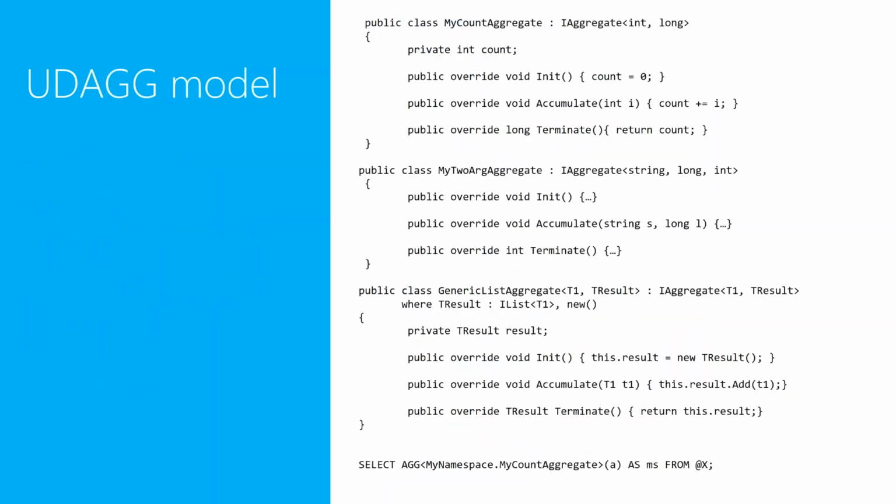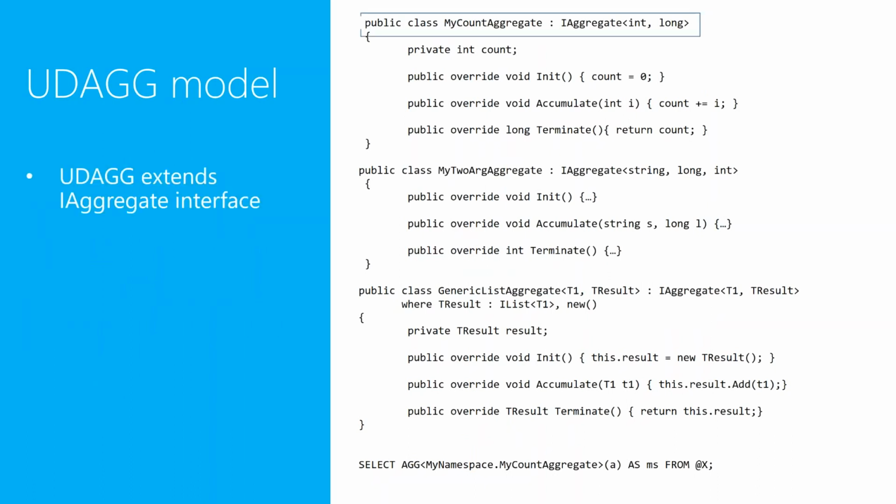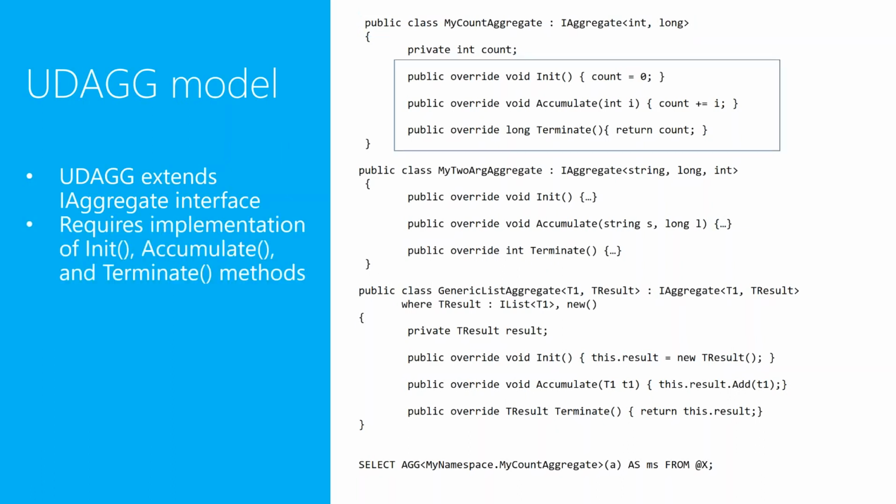On the user-defined aggregator model, you implement three classes. You implement the aggregation interface. The aggregation interface is always parameterized by the type. The first type is normally the argument type, and the last type is the result type. So in this case, I do a sum. And then you implement init, accumulate, and terminate. That's it.